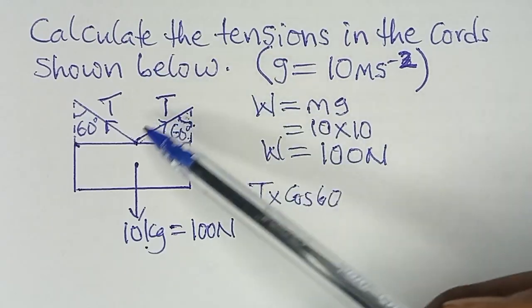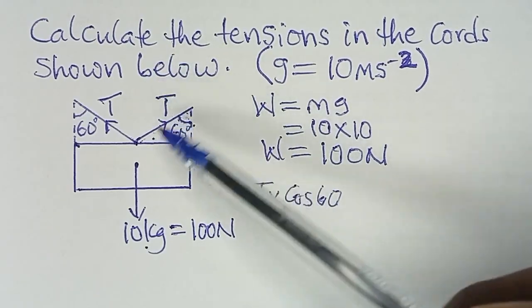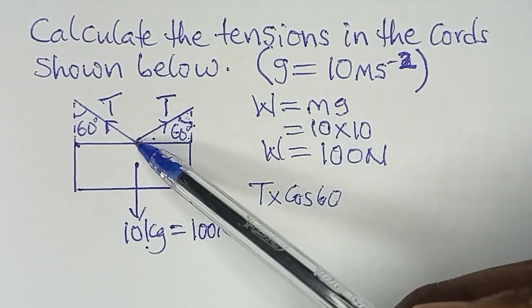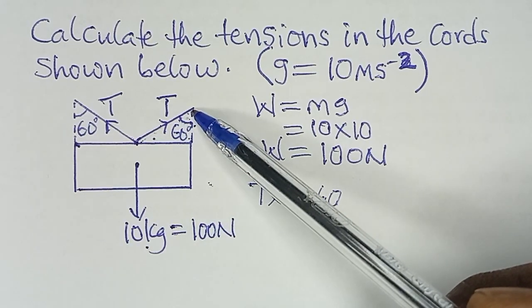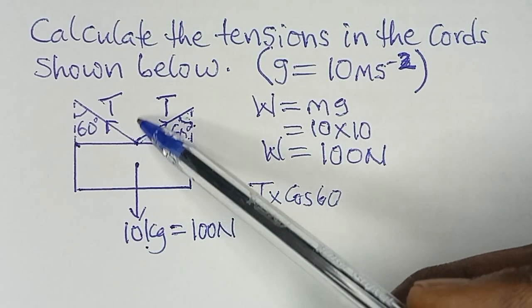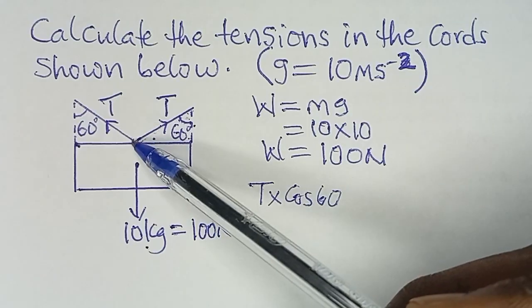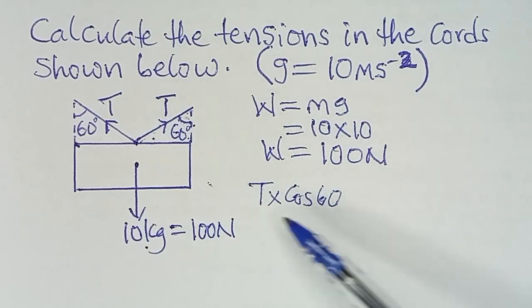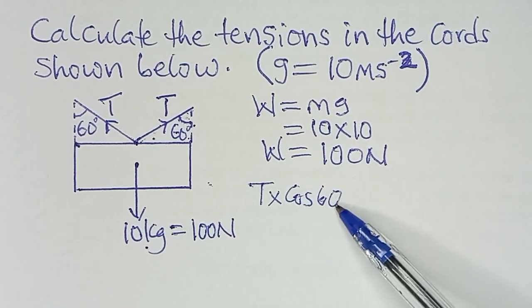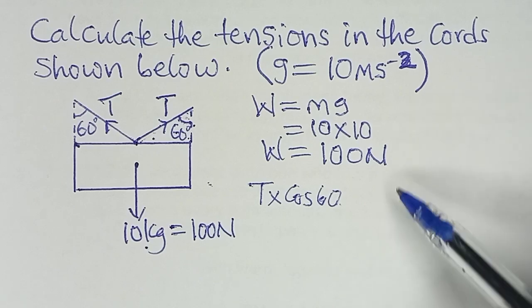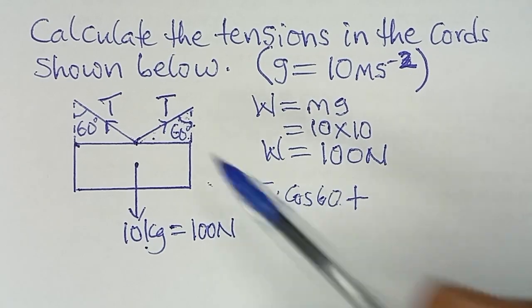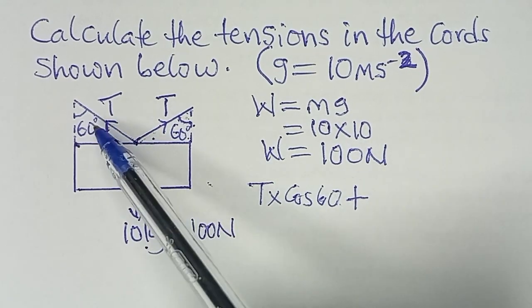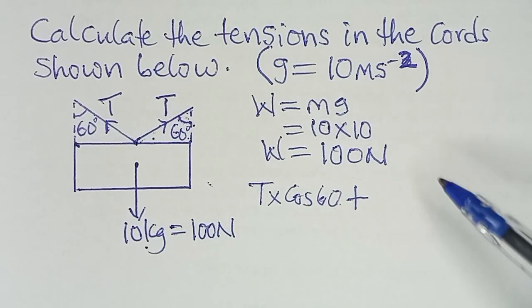Vertical component means the vertical value of the force. Because this force is acting at a slanting position, the equivalent of its vertical value will be T multiplied by cos 60. And then plus this other one, which will also be T multiplied by cos 60.